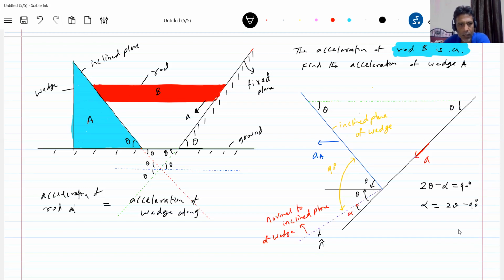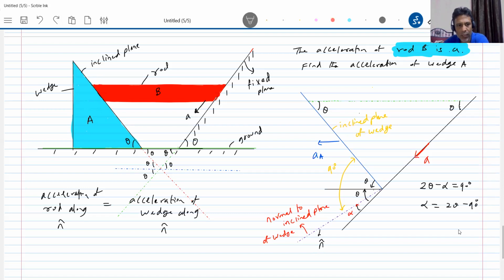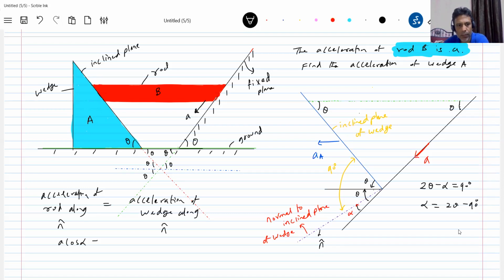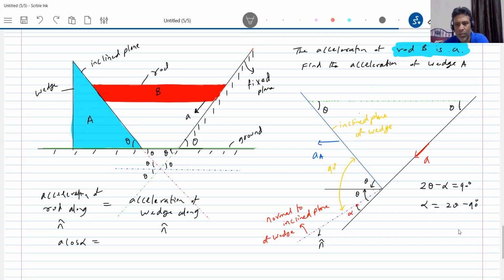The acceleration of the rod along n cap must be equal to the acceleration of the wedge along n cap. The acceleration of the rod is A, no? So along n cap it should be how much? A cos alpha. Now the acceleration of the wedge is how much? A. So along this direction, how much should it be? Anybody? What shall I write?